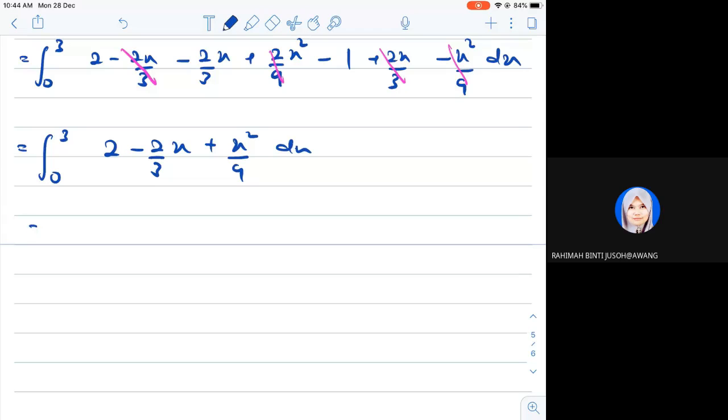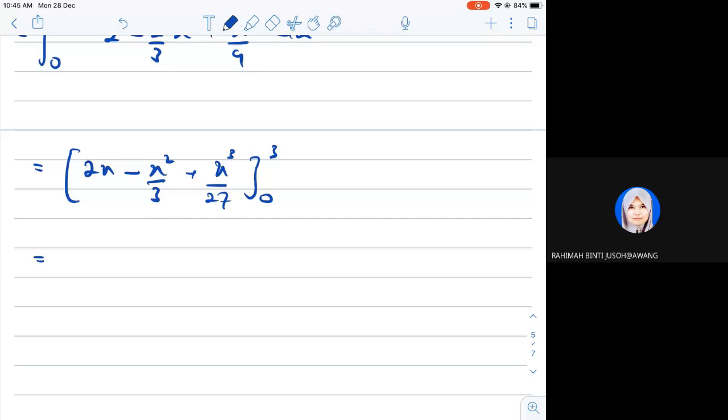Now we can integrate this. So it equals 2x minus x squared over 3, because that 2 can be cancelled, and then plus x cubed over 3 times 9, so 27, right? From 0 and 3. So substitute: 2 times 3 minus 9 divided by 3 plus 27 over 27, so 1.